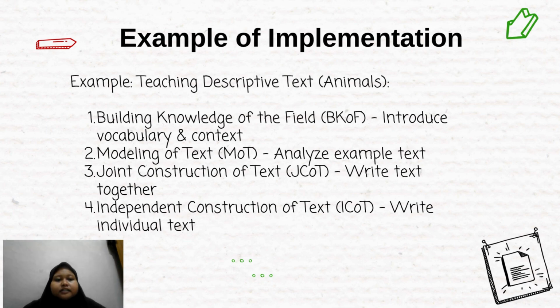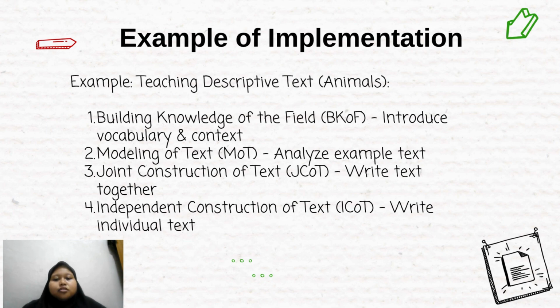And next is an example of implementation. The example is teaching descriptive text about animals. In the first stage, building knowledge of the field, the teacher shows pictures and helps students learn new words related to animals. In the second stage, modeling of the text, students analyze a sample descriptive text to understand its structure and language features.